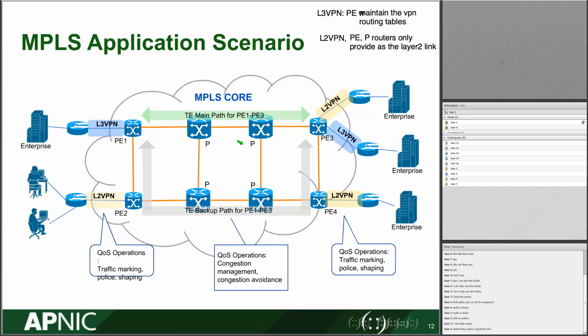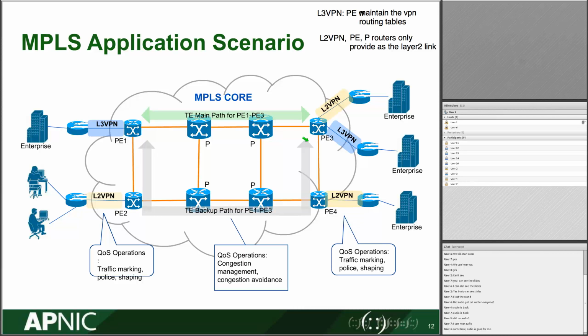When the main path is down, we can use the other path immediately. So this is another important feature of MPLS traffic engineering, that is the redundancy. When one path is down, we can use the other one immediately. So this is also used for MPLS TE.